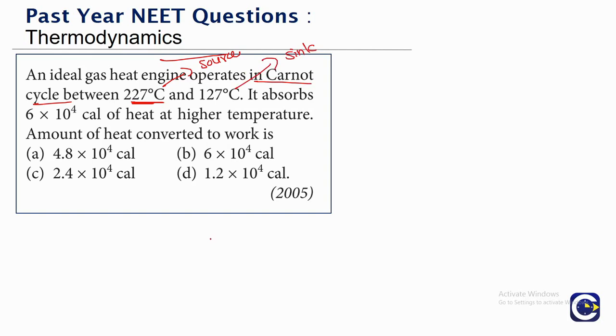We have to keep one thing in mind carefully, that these temperatures are in the Celsius scale. It absorbs 6 into 10 power 4 calories of heat at high temperature. We have to find what is the work done per cycle. So in one cycle it is absorbing 6 into 10 power 4 calories of heat, and we have to find the corresponding work.